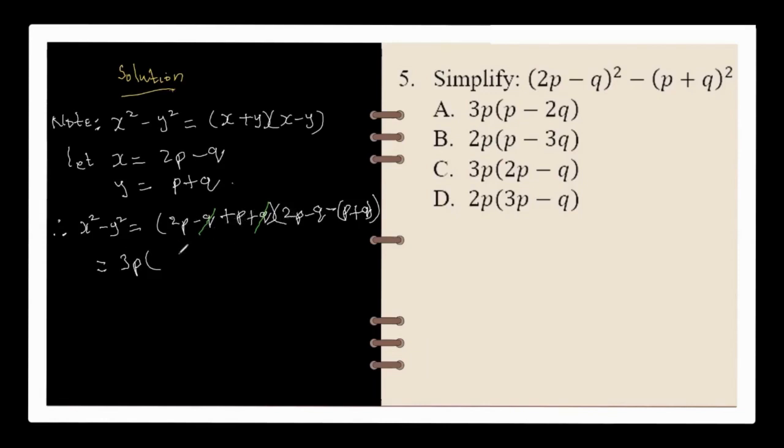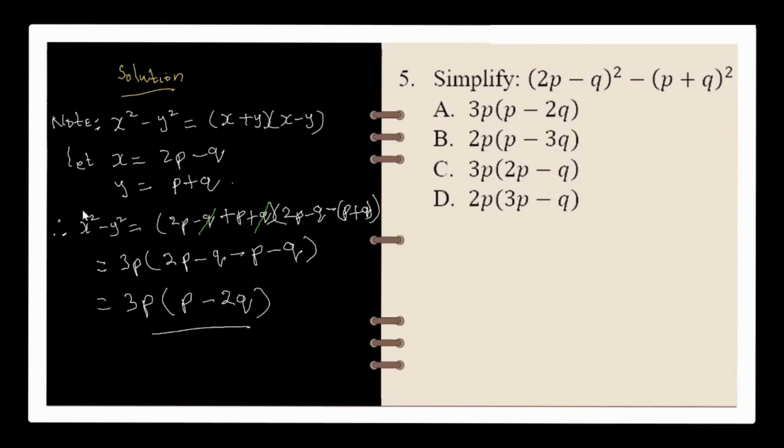Now, the second bracket, we still have 2p minus q. Now let's use this minus to open that bracket, and this is what it will give to us. Now this becomes 3p. This is 2p minus p, it gives us p, and this is minus q, it gives us minus 2q. So this will be the final answer.